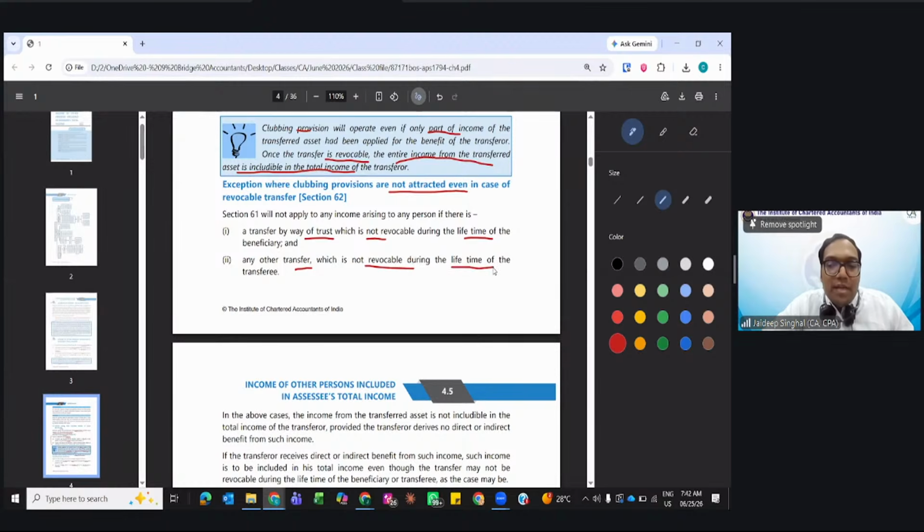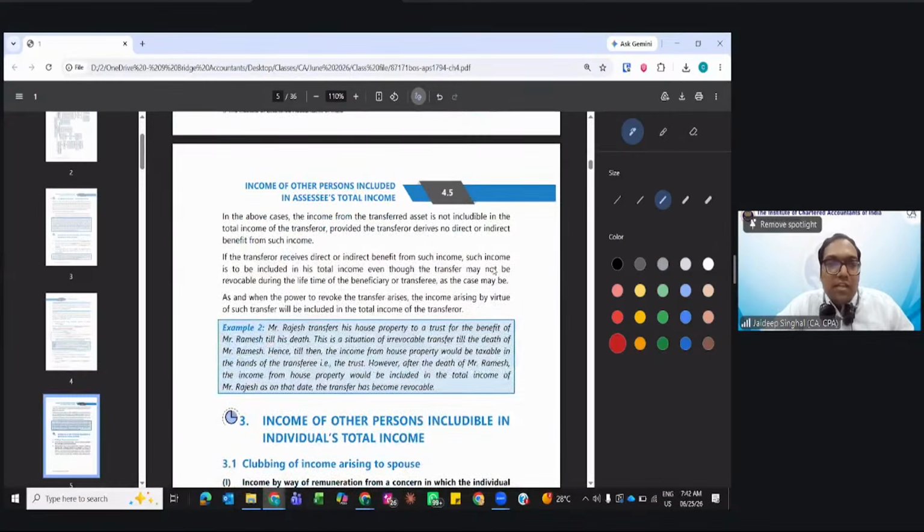If during the lifetime it is not revocable, then during the lifetime no clubbing will apply. In the above cases, the income of the transferred asset is not includable in the total income of the transferor, provided the transferor derives no direct or indirect benefit. If the transferor receives direct or indirect benefit, such income is to be clubbed in the total income, even though the transfer may not be revocable during the lifetime. See, ideally, no direct or indirect benefit should be received, then only it is an irrevocable transfer. As and when the power to revoke arises, the income arising by virtue of such transfer will be included and the clubbing provisions will apply.